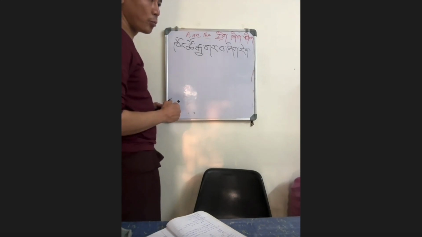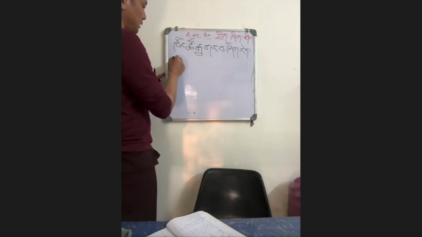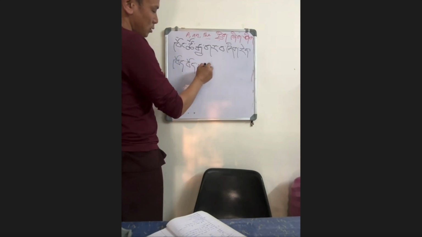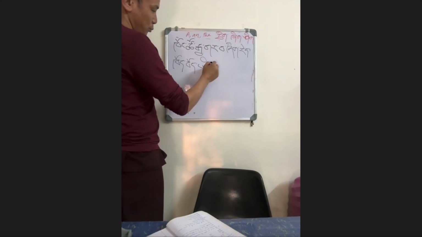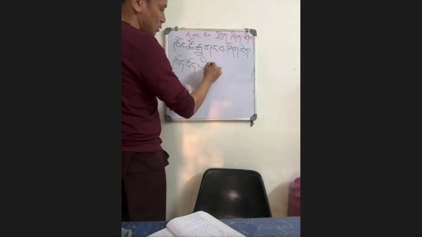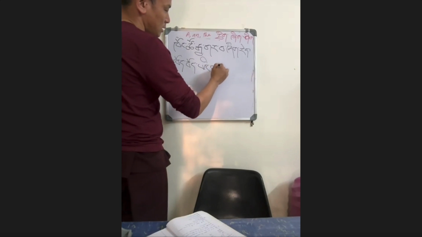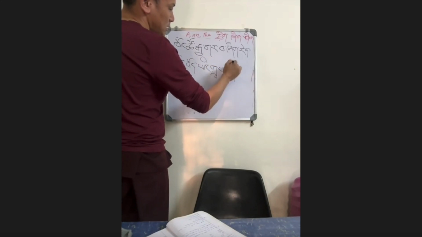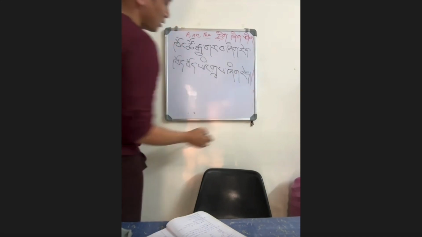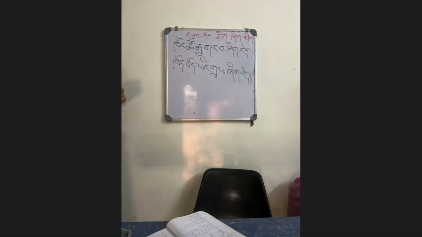Kong bebe lama shig re. Let's say kong bebe taba shig re. Okay, he is one of the Tibetan monks.